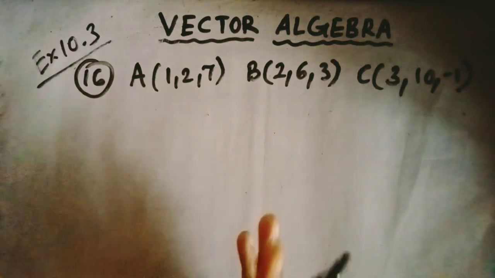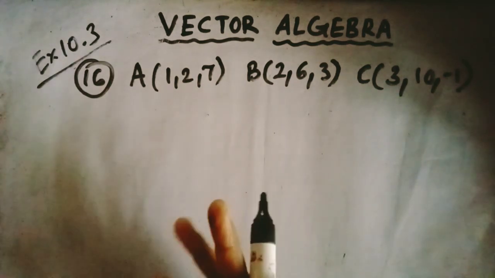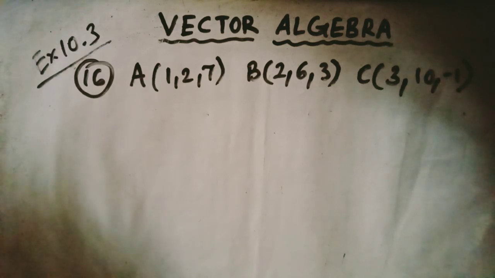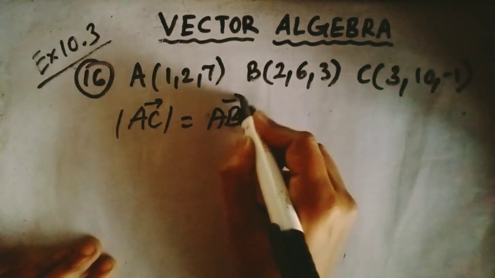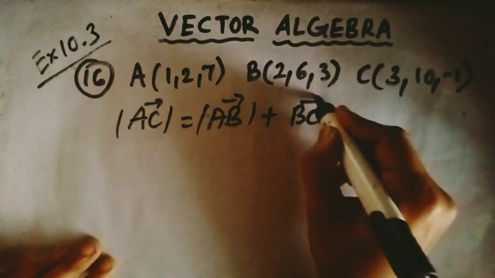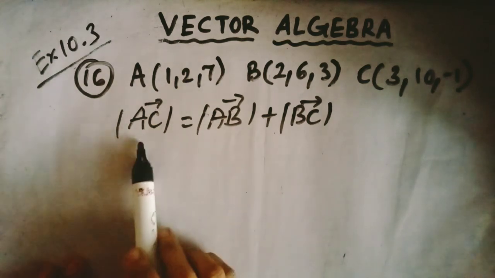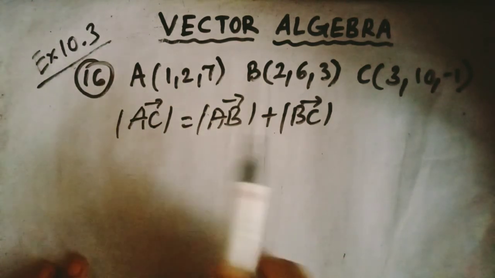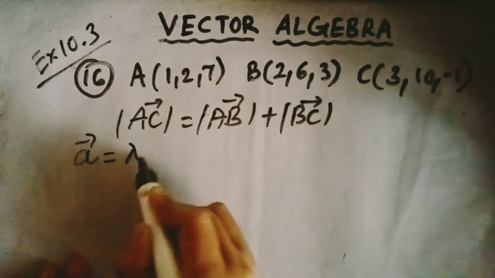One is you have to show one vector is a scalar multiple of another vector, and another way is you have to make use of the triangle inequality, that is AC vector is equal to AB vector plus BC vector. Okay, so this way you can prove, or so I'll just make use of that another thing, that is A equal to lambda B.